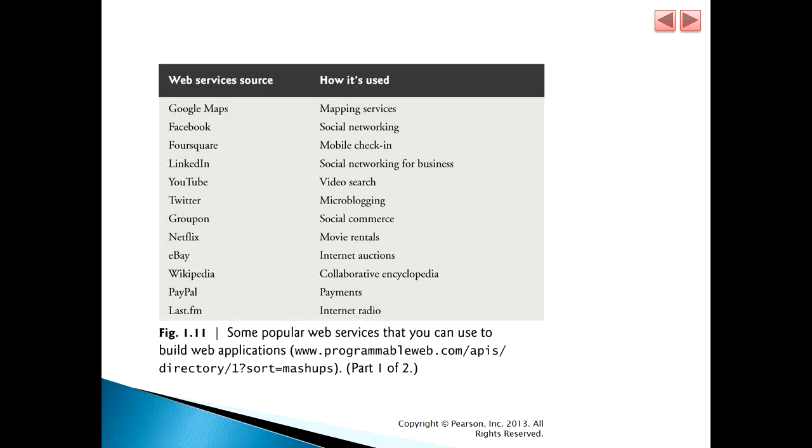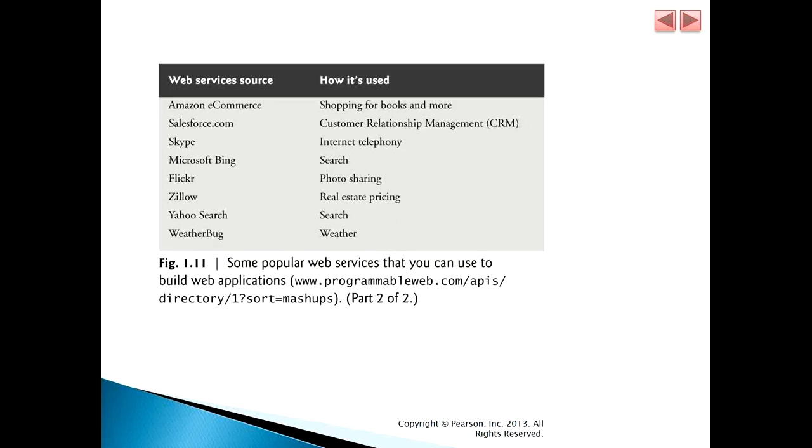These are all examples of websites that have been built using Web 2, social networking and stuff. And here also some examples: Amazon and Skype, Zillow, Yahoo Search. All these are some popular web services that are used to build web applications.